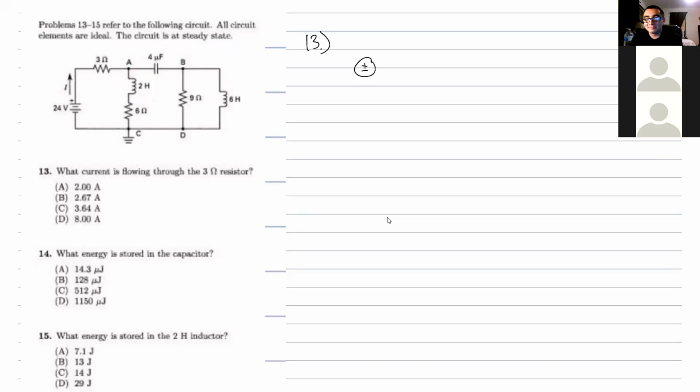When things are at steady state, we can negate a lot of those elements. If anybody can tell me what happens to inductors at steady state. Short circuit. There we go, cool, short circuit. And for capacitors, we get an open circuit.